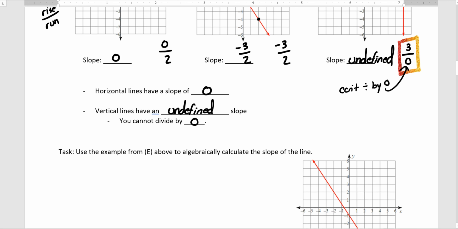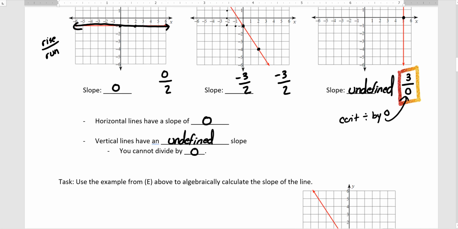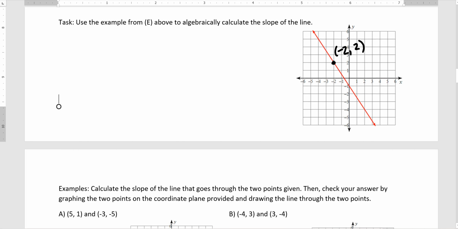All right, what we're going to do now is use the example from E above to algebraically calculate the slope of the line. I want to show you what that looks like if we're given points. So let's say we have this point here, which is -2, 2, and this point here, let's call that 2, -4.